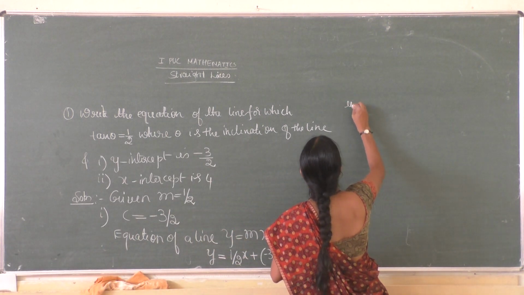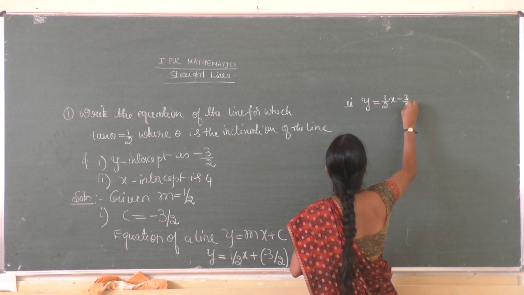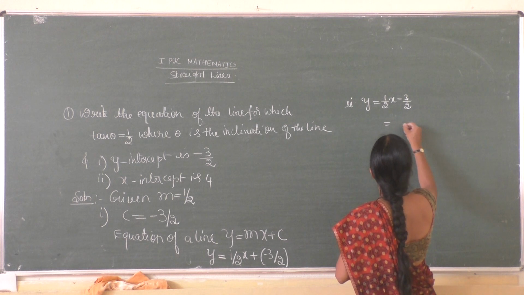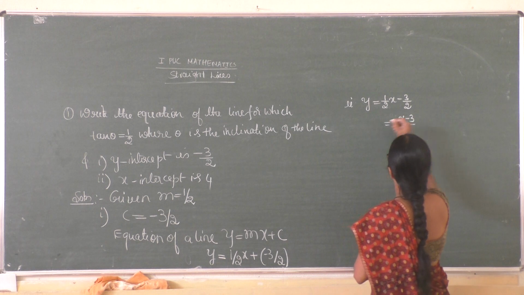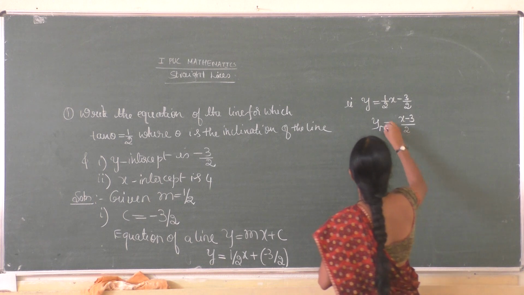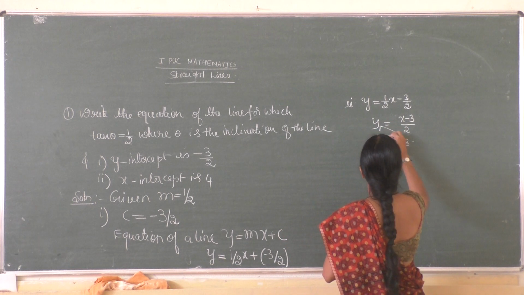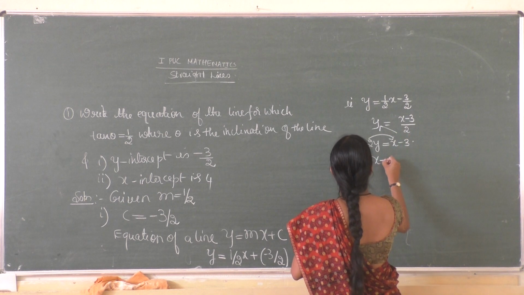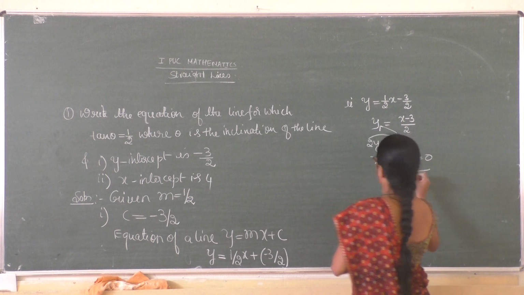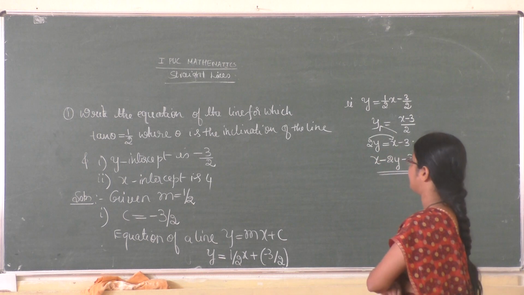So y is equal to half x minus 3 by 2. Denominator is same, so we directly combine, that is x minus 3. So y is equal to x minus 3 by 2. Cross multiply. What do you get? 2y is equal to x minus 3. You bring this here. So x minus 2y minus 3 equal to 0. So this is the equation of the required line.